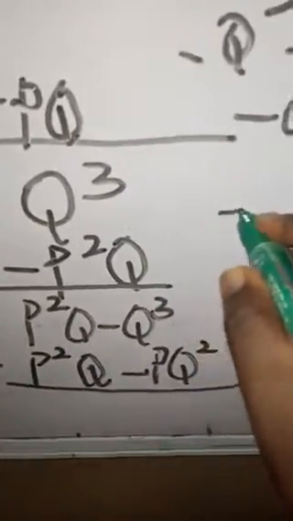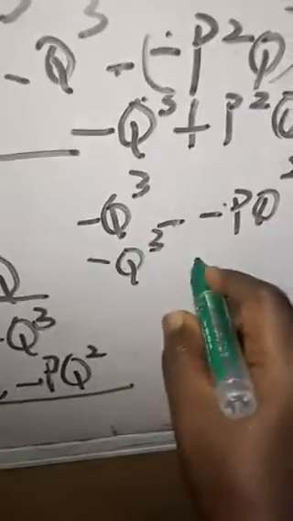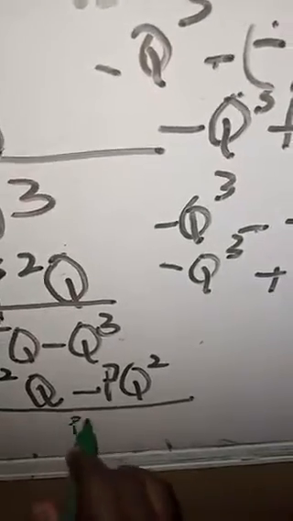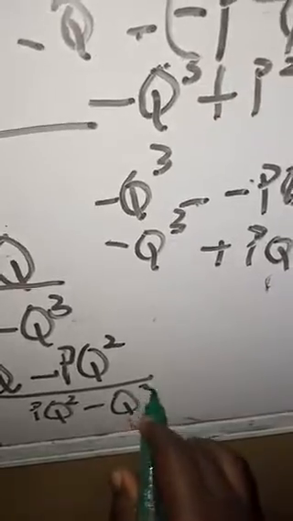And this is now minus q cube minus minus pq square. So minus times minus is plus, so minus q cube plus pq square. So I can rewrite that as pq square minus q cube.